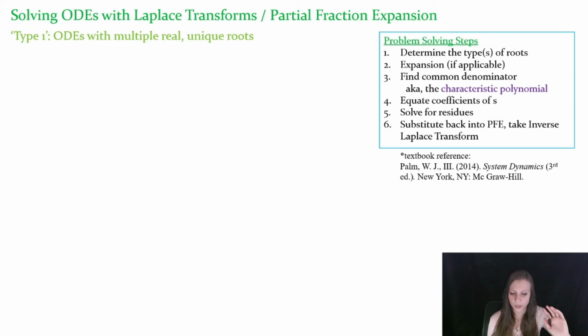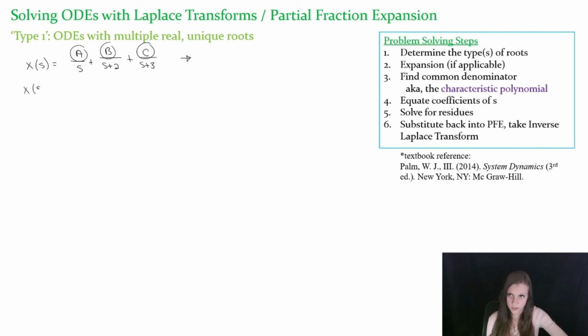Okay, so if you remember from a couple steps ago, our partial fraction expansion was this. And in our last step, we solved for the values of a, b, and c.